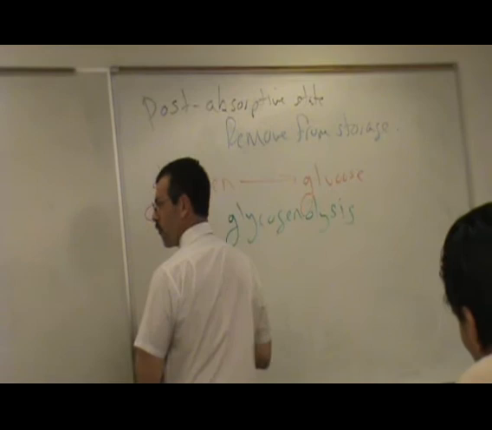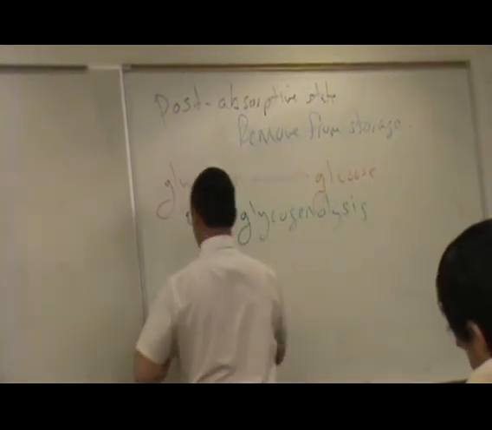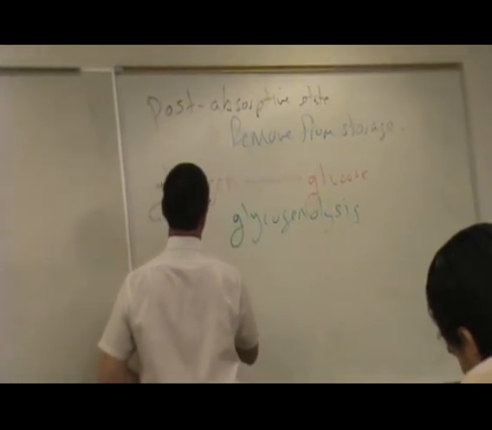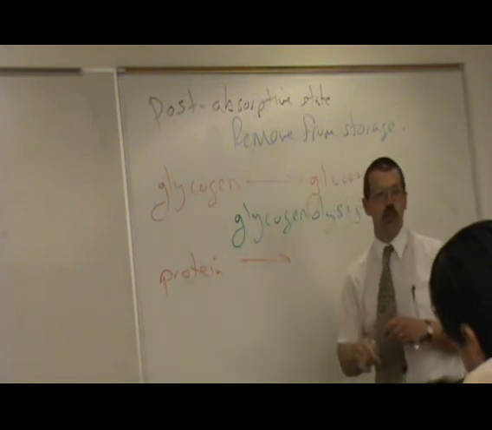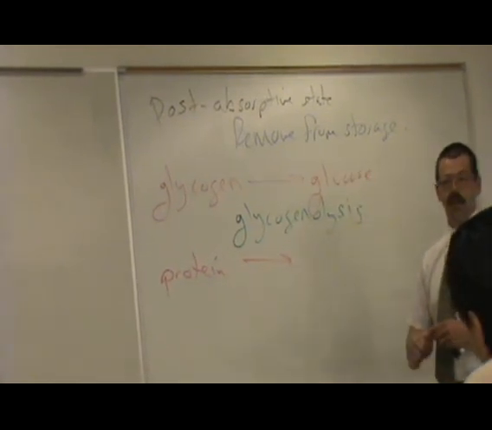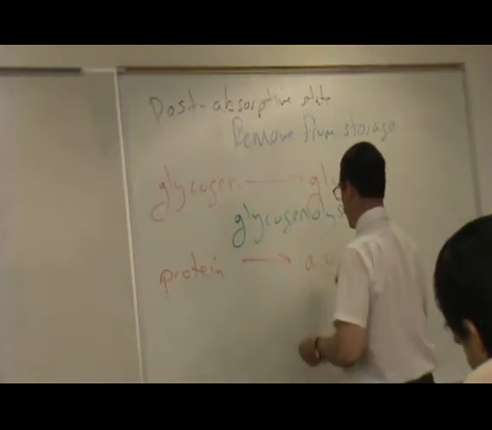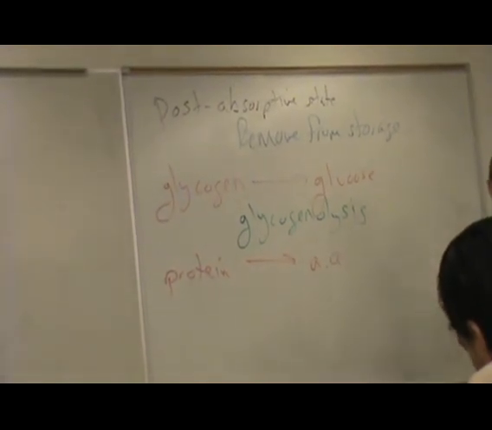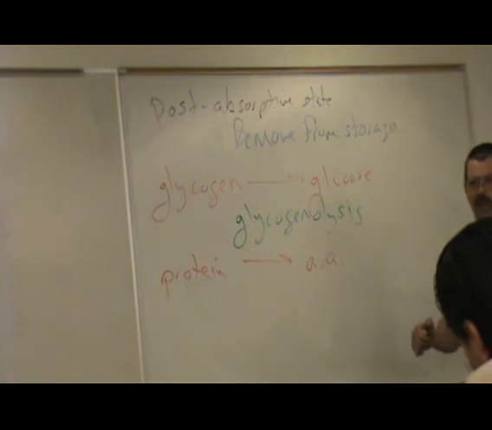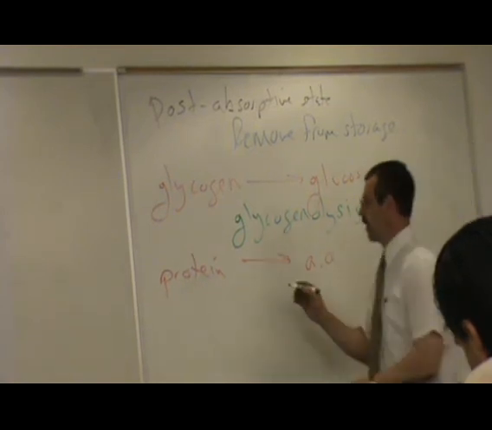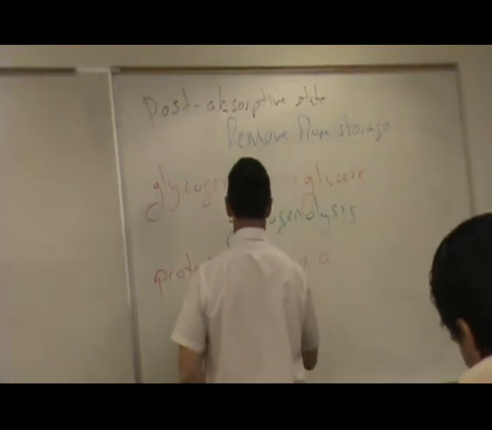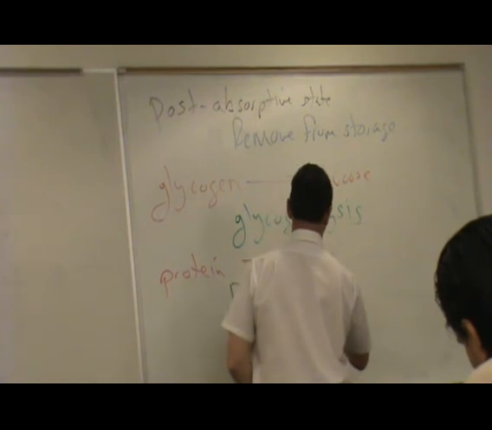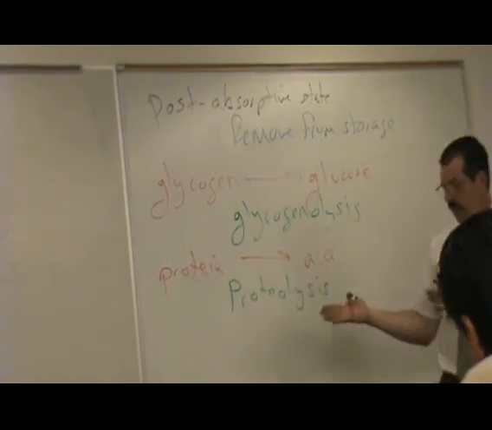So, let's see this one. We're going to do protein. And we're going to turn it into what? Amino acids again. Give me the language of that. So close. This one's actually called proteolysis. This one actually does have a name.